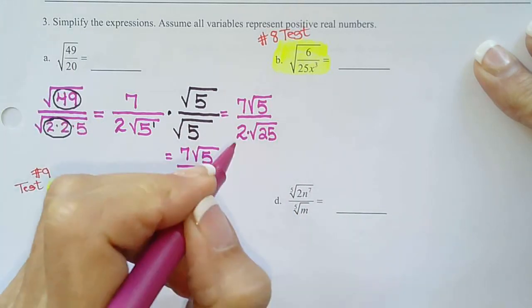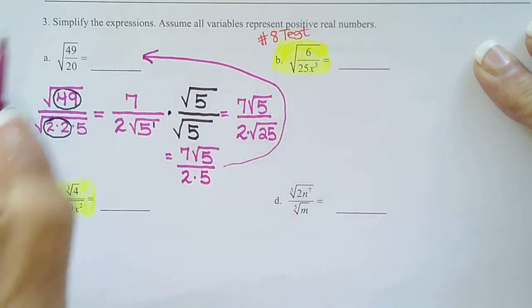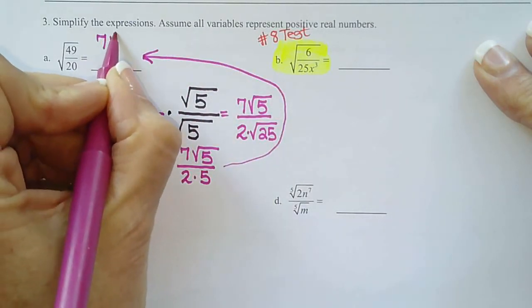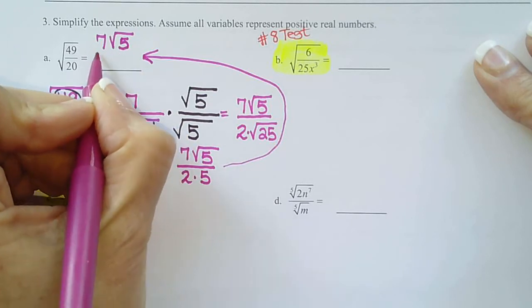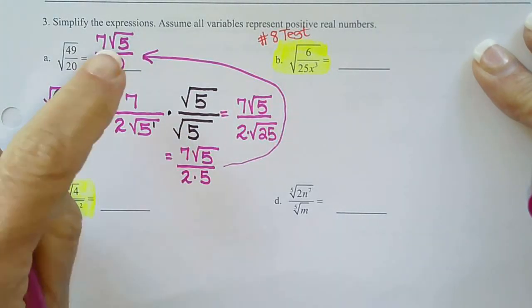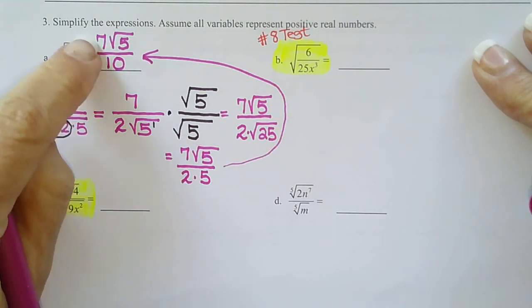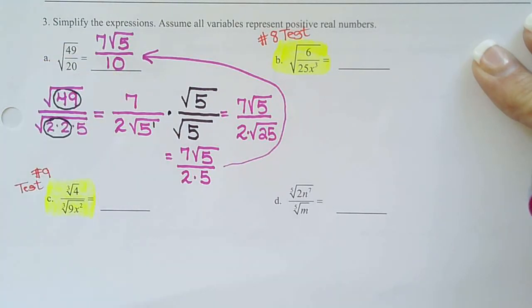So our answer would be 7 radical 5 over 10. So notice my radical can't be simplified. It's a single 5. Nothing's common between 7 and 10. And I have no radical in the denominator.